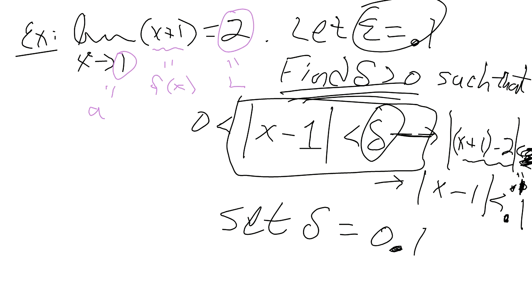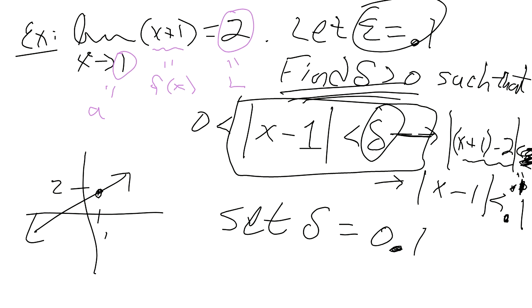Once again, back on the graph, if I had this graph that we had before, and there's 2 and there's 1, my epsilon window would be 0.1. We did that in blue.